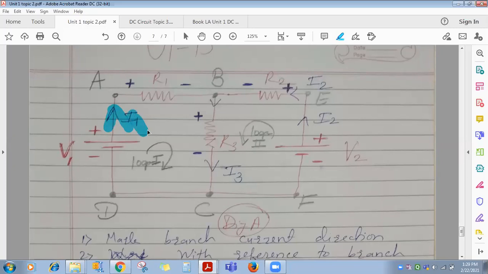Once it reaches node B, it has two paths. I2 I have also started from the positive terminal of the voltage source, so I2 is flowing in the anti-clockwise direction. You can assume clockwise also for I2, it doesn't matter.